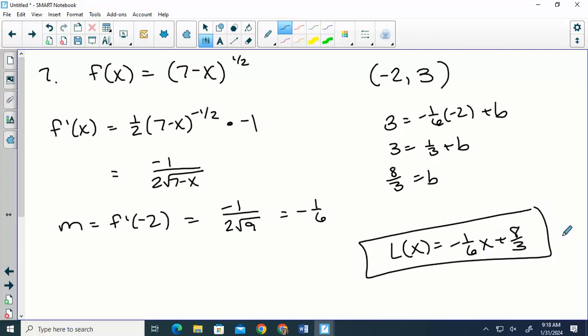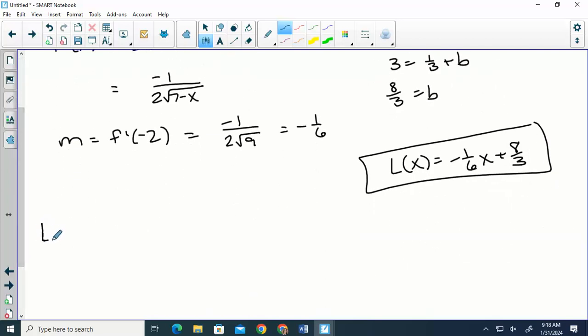Okay, am I done? No, I wanted you to approximate at 7.1. So we have to watch. Remember, the equation is the square root of 7 minus x, and we are trying to approximate the square root of 7.1. What is my x? -0.1.